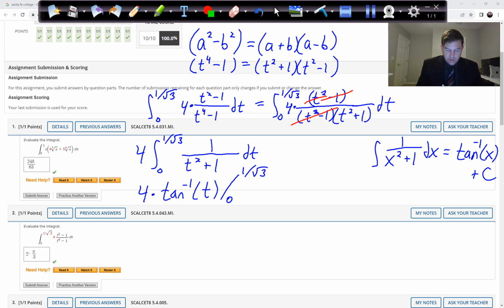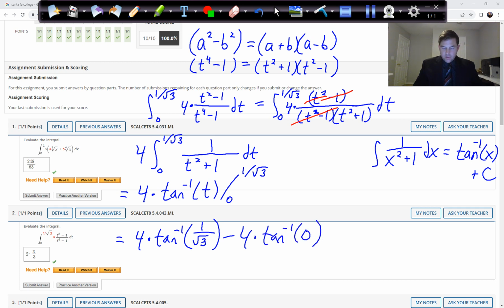When we plug in our upper and lower limits, we get 4 times the arc tangent of 1 over root 3 minus 4 times the arc tangent of 0.